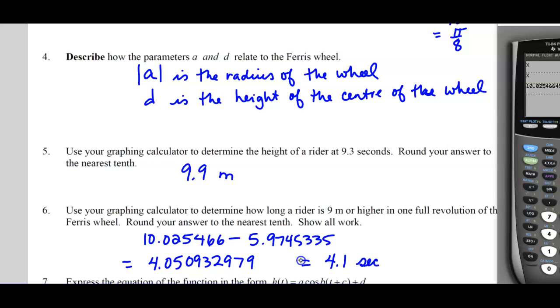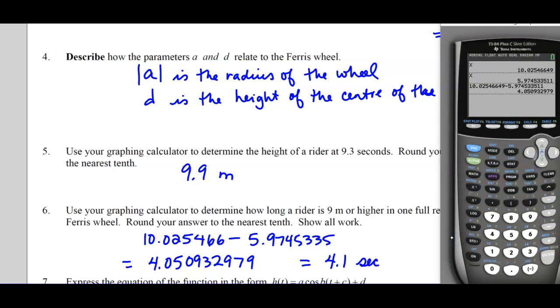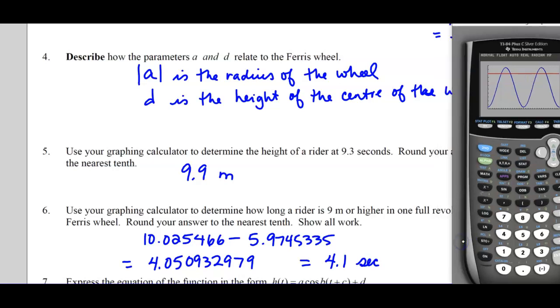seconds. Now, this is what I was talking about last week, is that technically, 4.1 means that really it's gone a little bit below here, like minuscule amounts. So technically, we should really round that to 4.0 if it says 9 meters or higher.